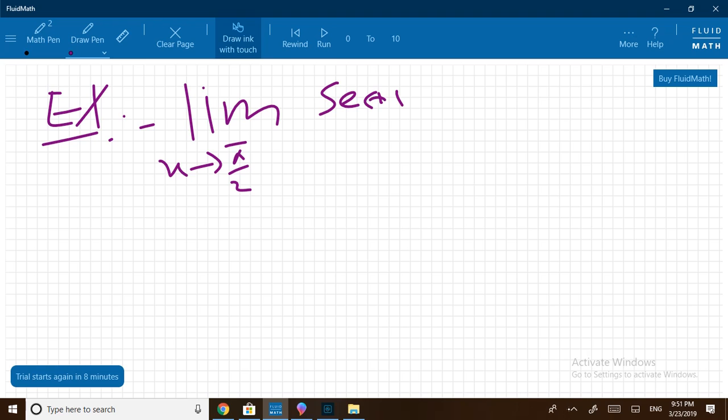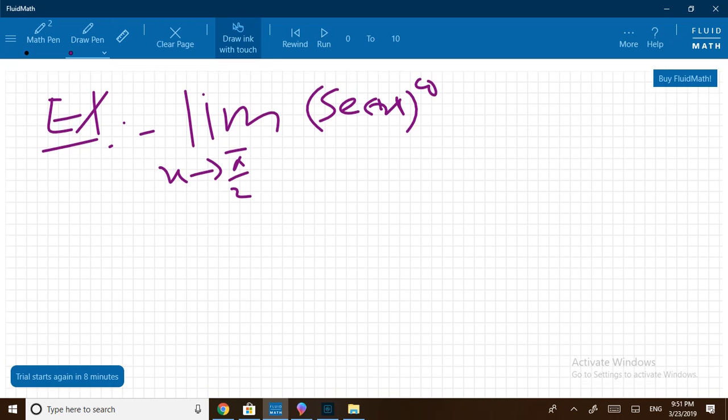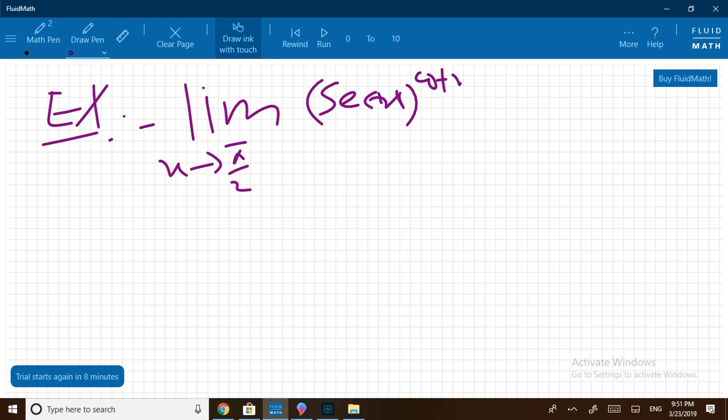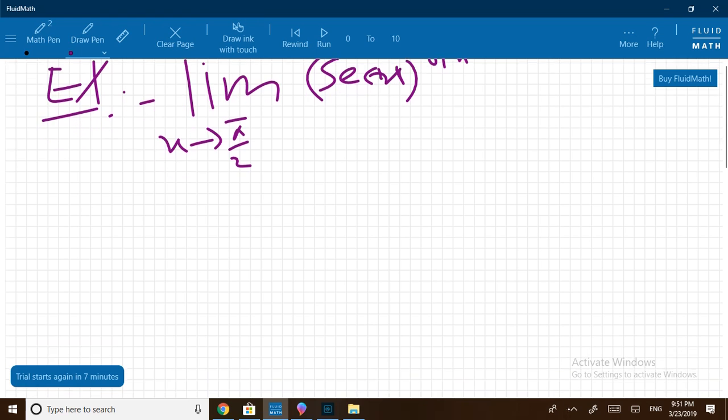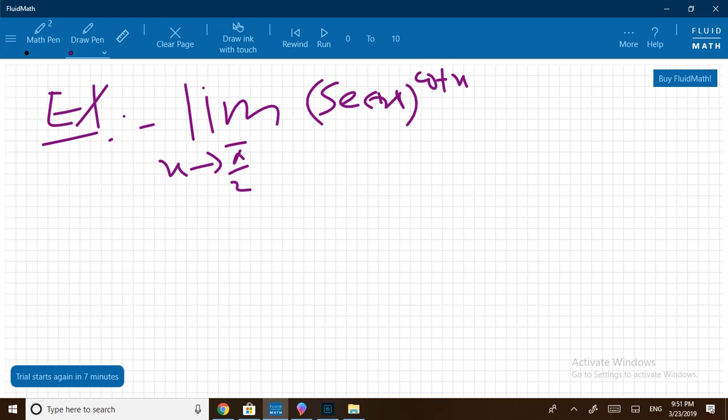Secant x raised to the power cot x. Okay, again the same method we will use. Let this be equal to y.